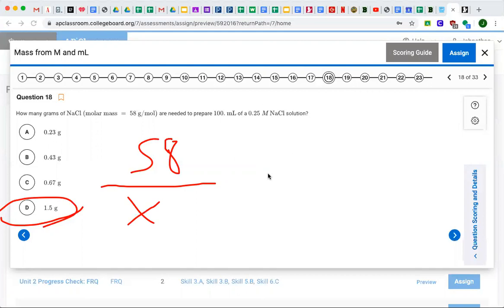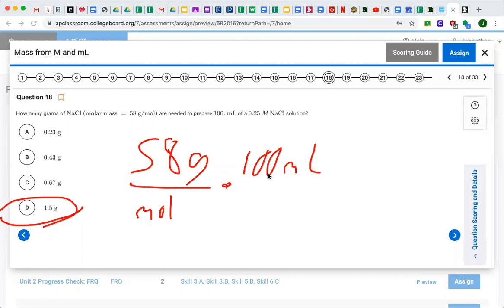Okay. So I would probably do this a little differently. I'll use the method that we used early in the year. So 58 grams per mole, times 100 milliliters. Is this a C1V1 equals? No. Man, that's a funky one to do.